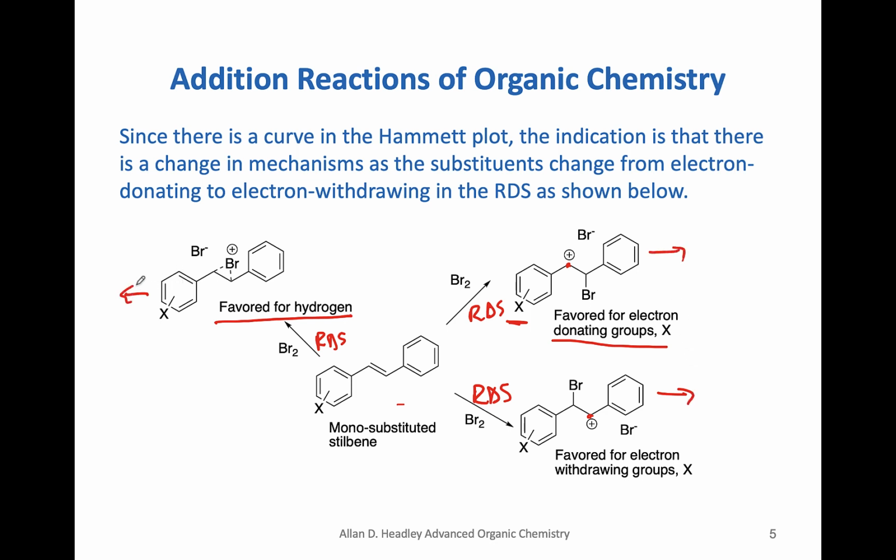So what you've seen before is the rates of converting this stilbene to the products by varying X, the substituent on that particular benzene ring.